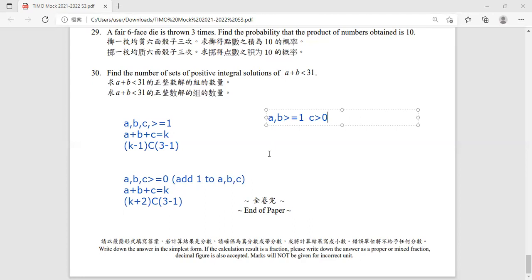And the last case will be a, b greater than or equal to 1, but a plus b is more than a number L. Then you have to add 1 number there, which means that z is greater than or equal to 1. You take the case and do the basic. It's the same as question 30.